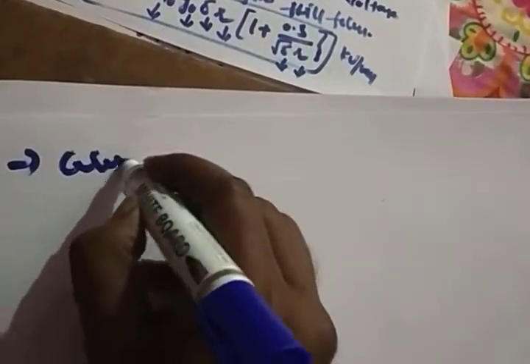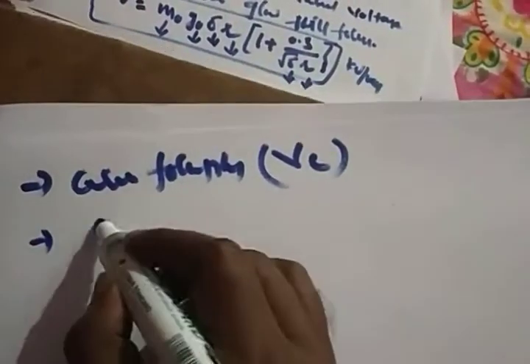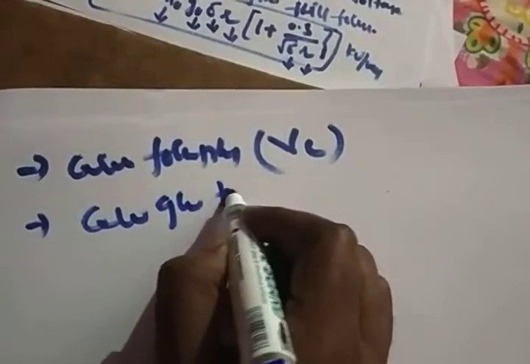The minimum phase to neutral voltage at which you will see the corona glow form. Corona formation is the critical disruptive voltage. Corona glow formation is the visual critical voltage. I hope these two things are clear.